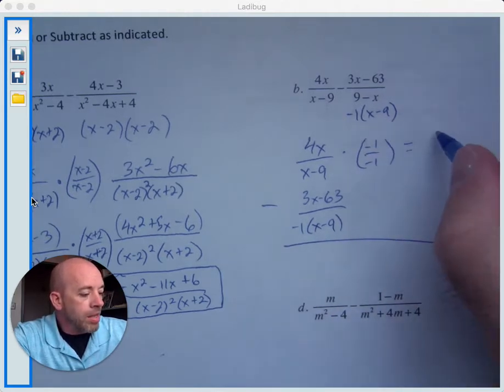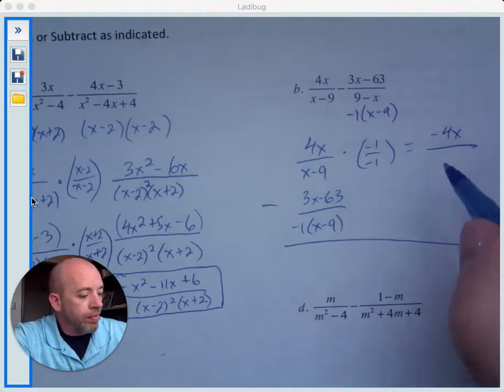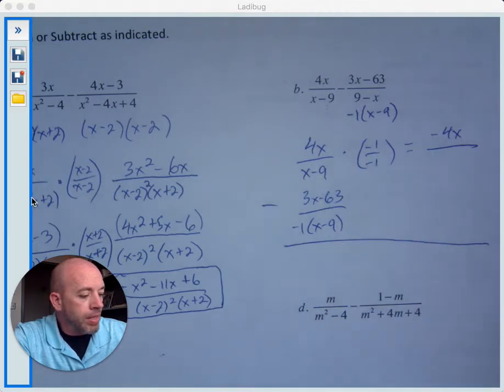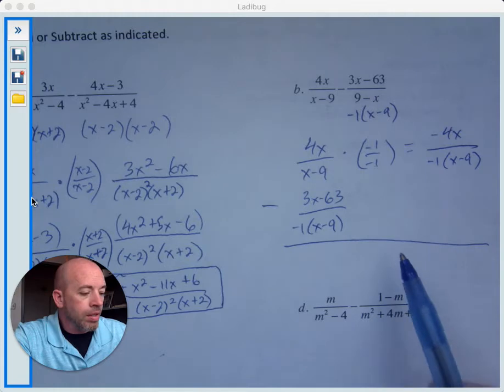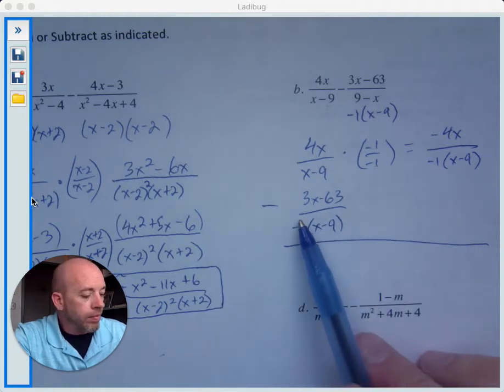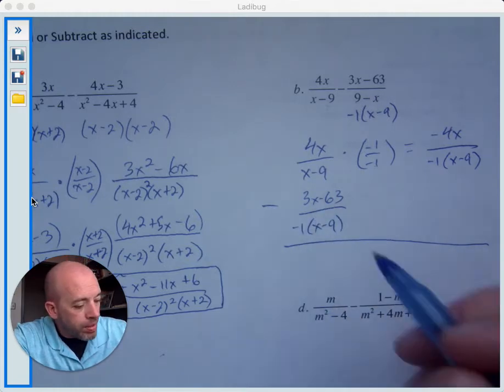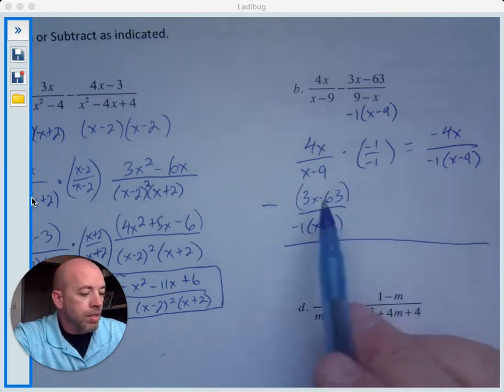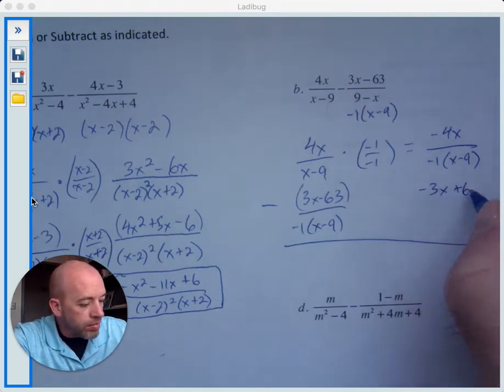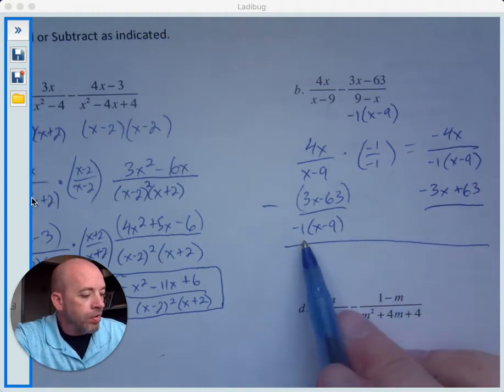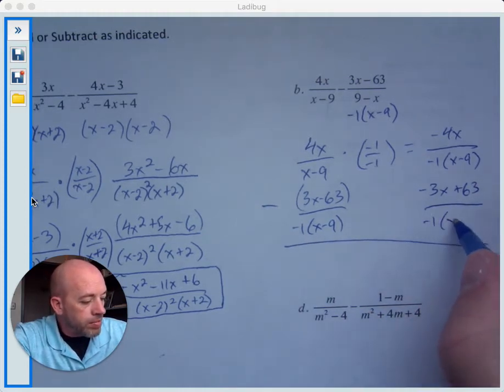That gives us negative 4x over negative 1 times x minus 9. Down here, we already have what we need, but I'm going to put this in parentheses. Distribute the negative, we get a minus 3x plus 63 over negative 1 times x minus 9, right?